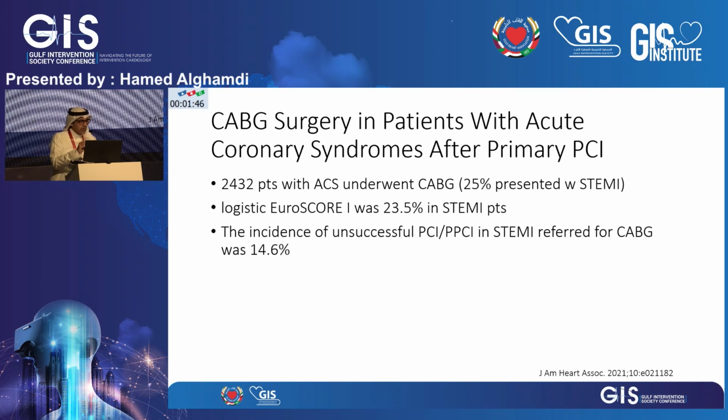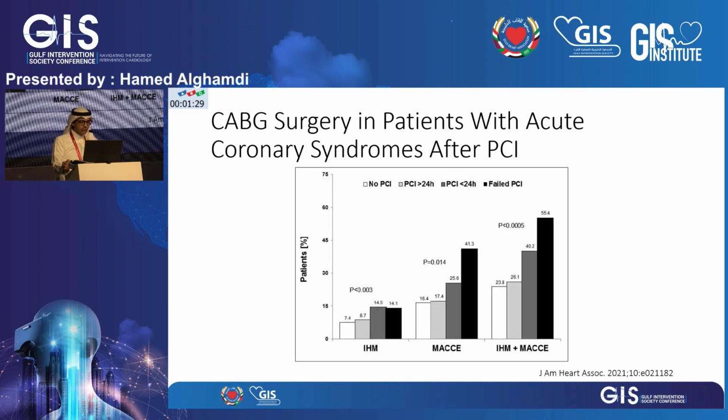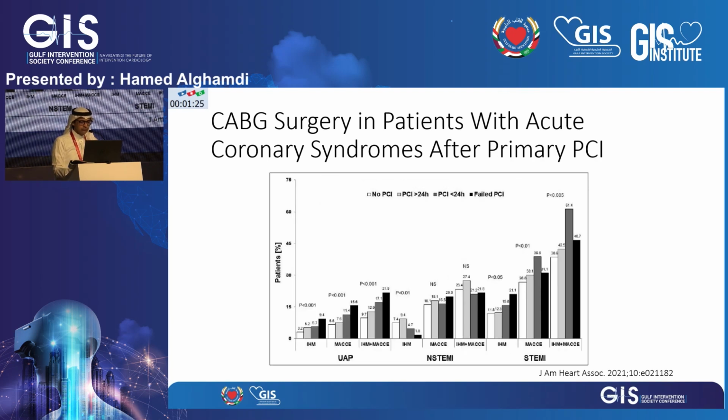The same group basically looked back at the same database and looked at those patients who either had successful primary PCI and had an indication to go for urgent CABG, or those patients who did not have successful primary PCI, and they represented around 15%. For the sake of time, I'll just show you the outcome, based on no PCI, PCI more than 24 hours, less than 24 hours, or those patients who had failed PCI.